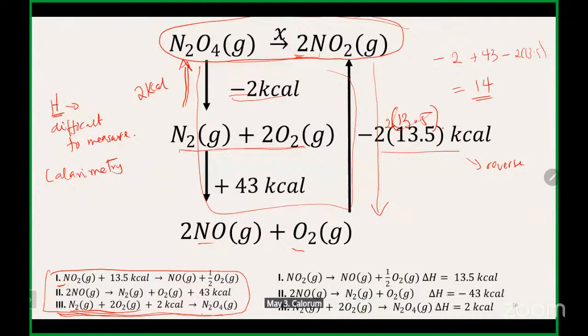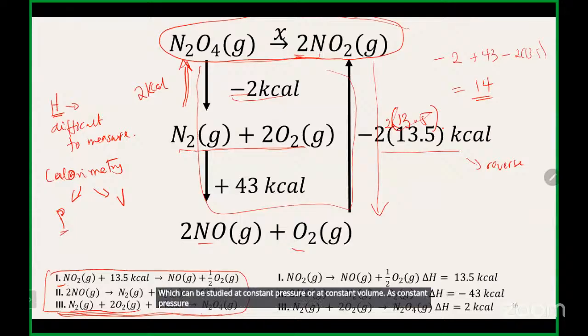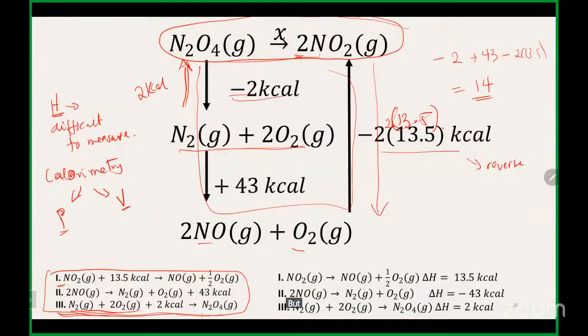Calorimetry is the study of heat transfer, which can be studied at constant pressure or at constant volume. At constant pressure gives you delta H. At constant volume gives you delta E, which at times is approximated to delta H because the differences are small. But in accurate work, it is delta U.